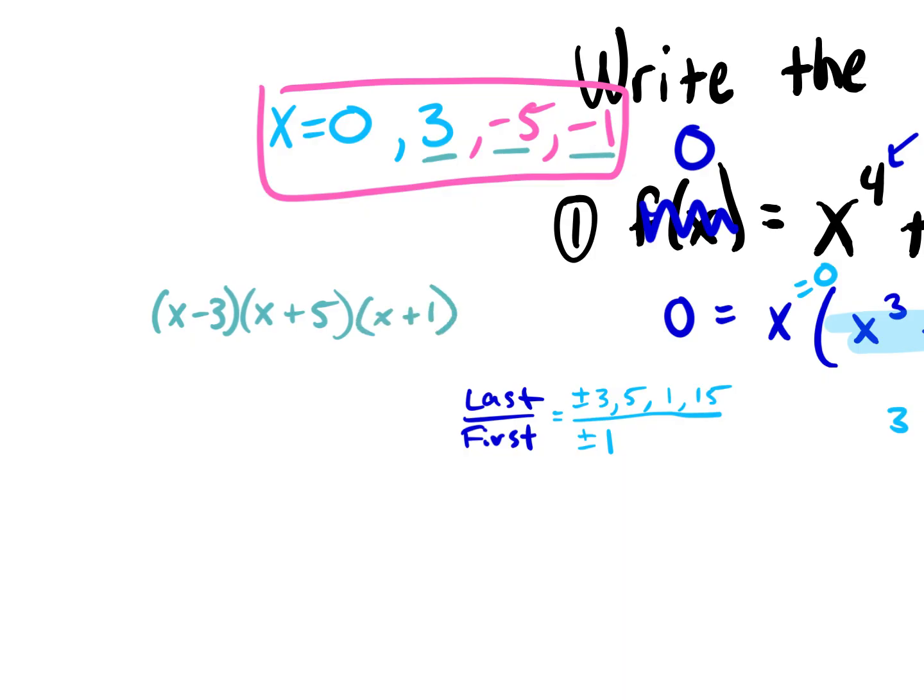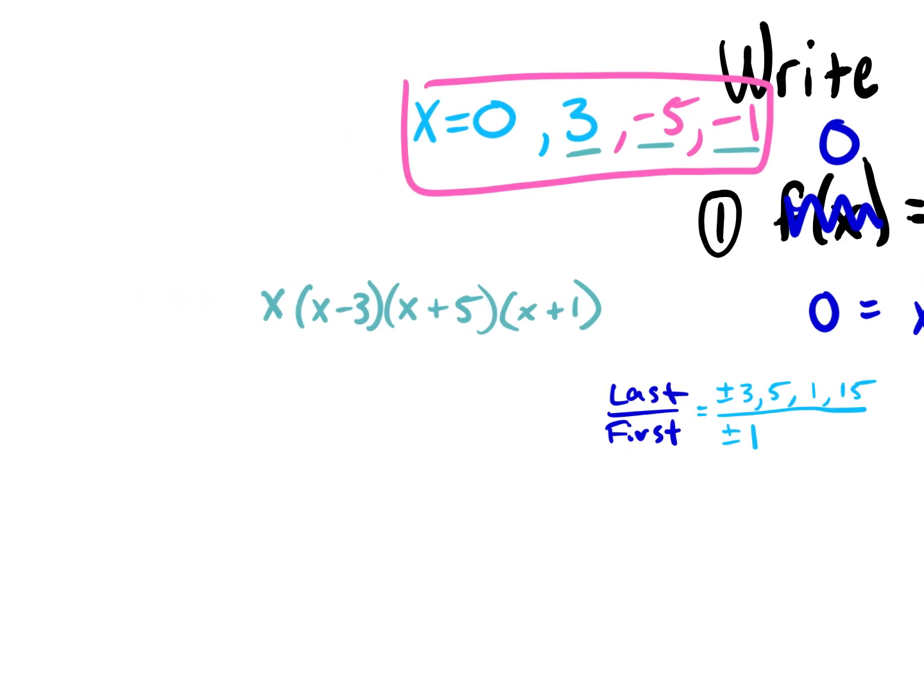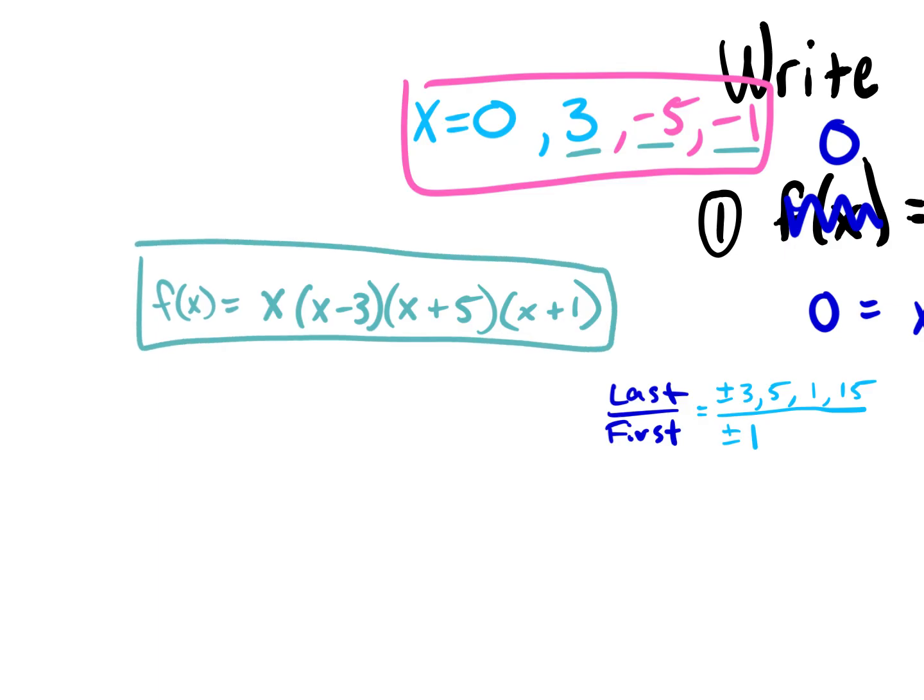How do you think I would write the 0 as a factor? Just x outside, perfect. We wouldn't say x minus 0, that would be silly. Just x outside. So f of x equals, this would be our complete factorization here.